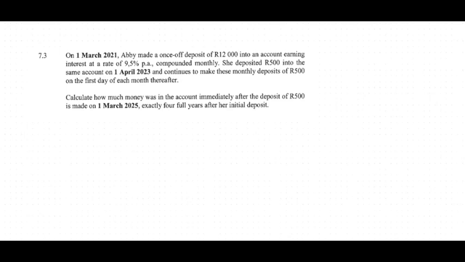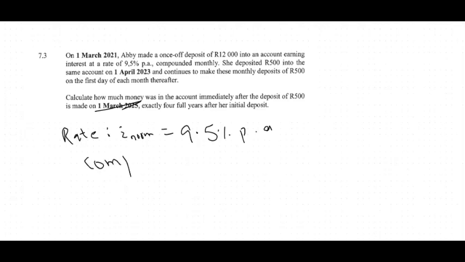So I'm writing that i nominal equals 9.5% p.a. compounded monthly, so i is 0.095 divided by 12, because we have 12 months.